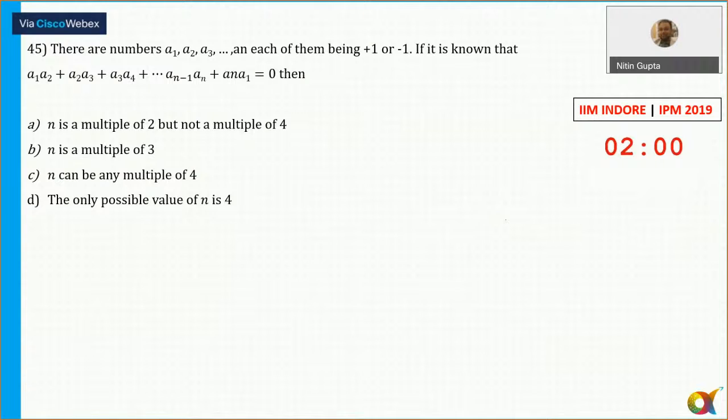Okay. Anyone who can tell me the answer?